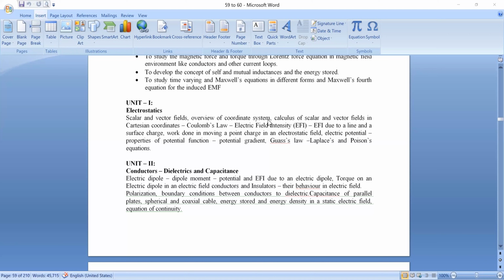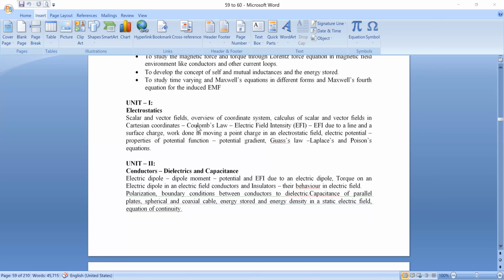So how the physical quantities, that means in this chapter electric field, electric potential, electric flux density, vary in different coordinate systems, we discuss in those cases.